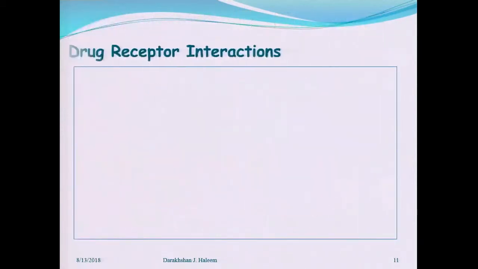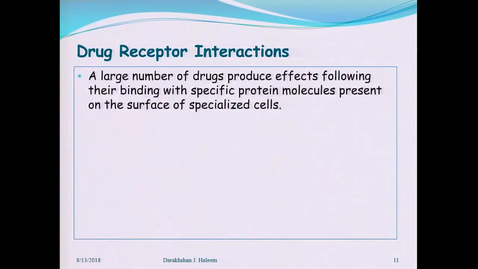Let's come to drug receptor binding, which is the most common mechanism of drug action. Most of these receptors with which drugs produce their effects are present on the cell surface. So what are receptors?